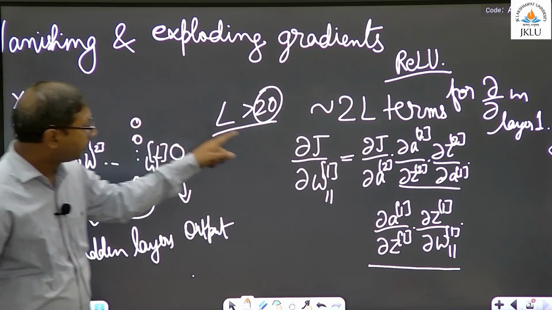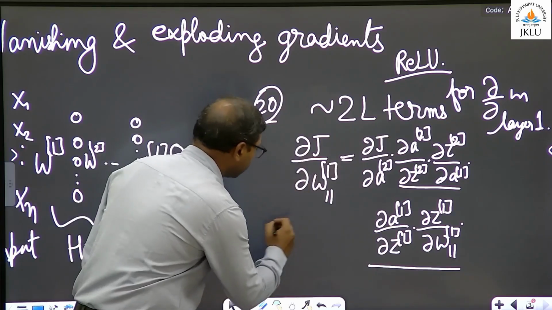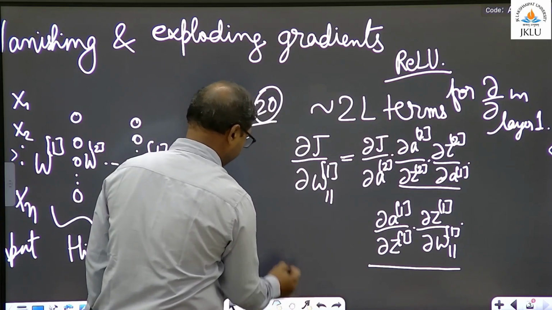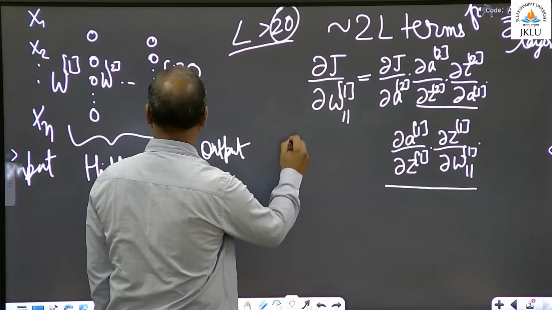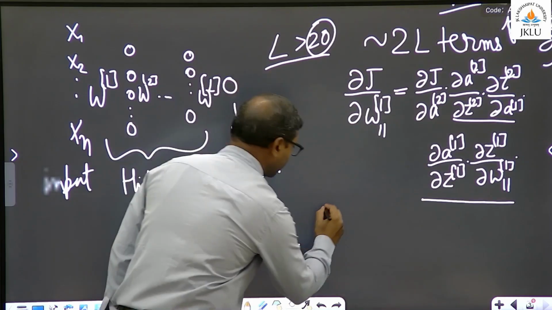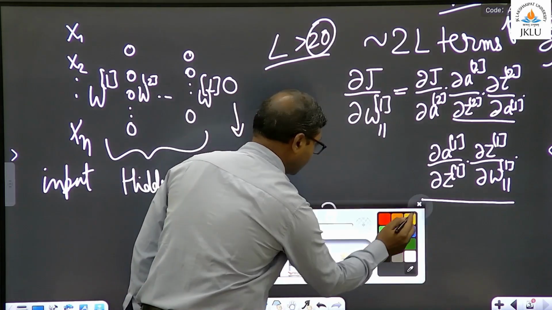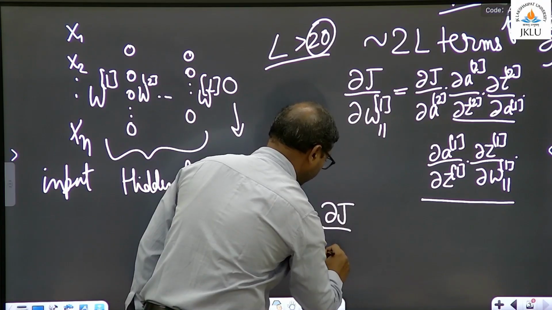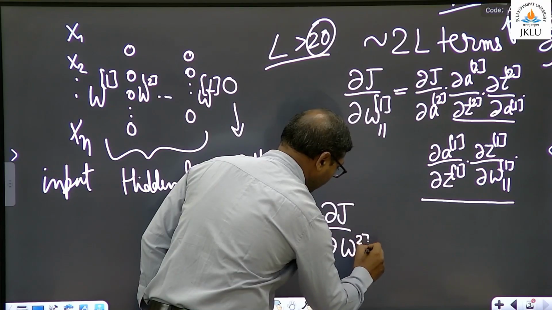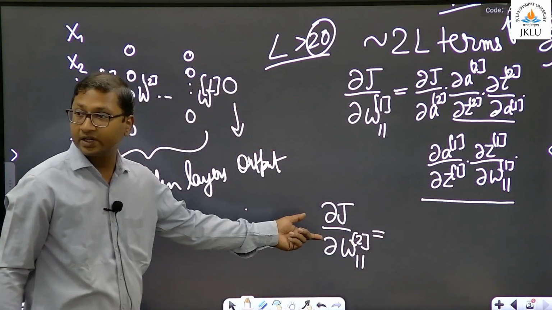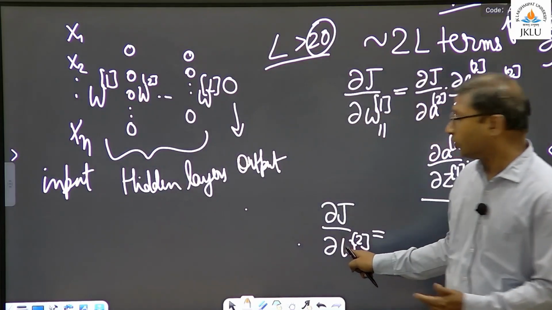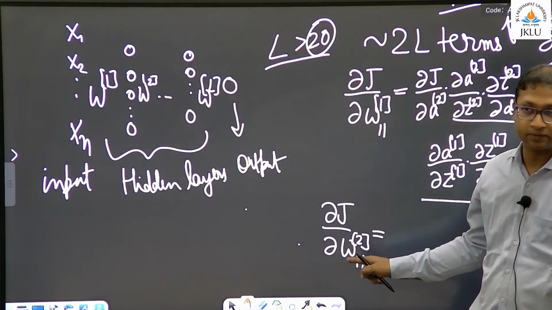Now, in the same thing, if I talk about, let us say, del j by del W 1 1 but 2, how many terms will you have? How many terms will you have? 2 less, right.